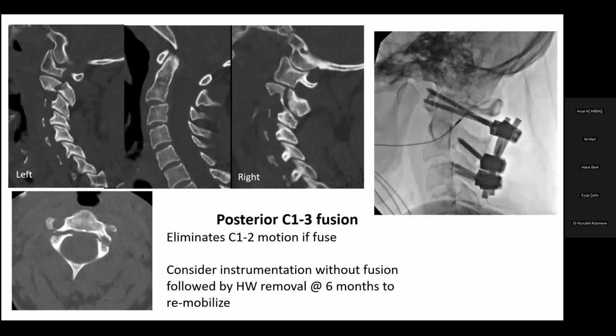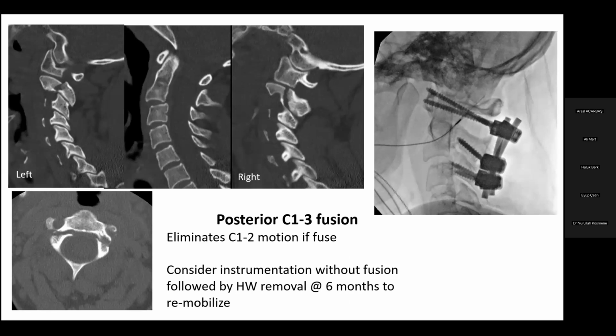The last option that is really kind of the technically easiest one and an easy fallback option is a posterior C1 to 3 fusion. The problem with this is it eliminates the motion at C1-2. So people lose rotational motion, particularly the young patients.